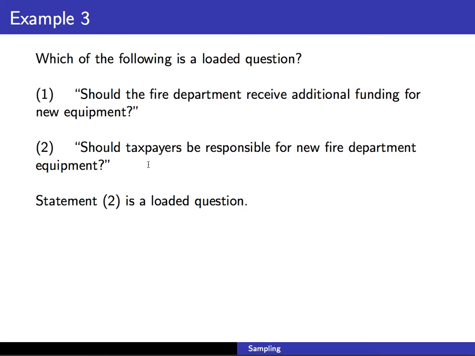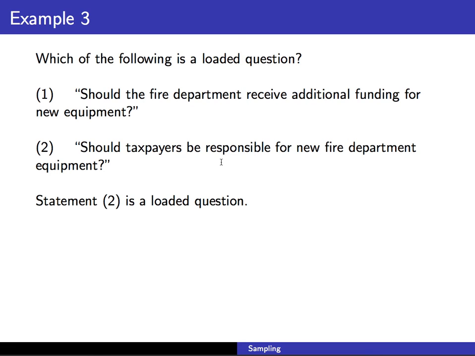Statement two talks about should taxpayers be responsible for, and while it's true that many fire departments do rely on taxpayer revenue, the inclusion of should taxpayers be responsible is designed to get people to remember that, oh yeah, it's your tax dollars that are going to cost you for new fire department equipment.